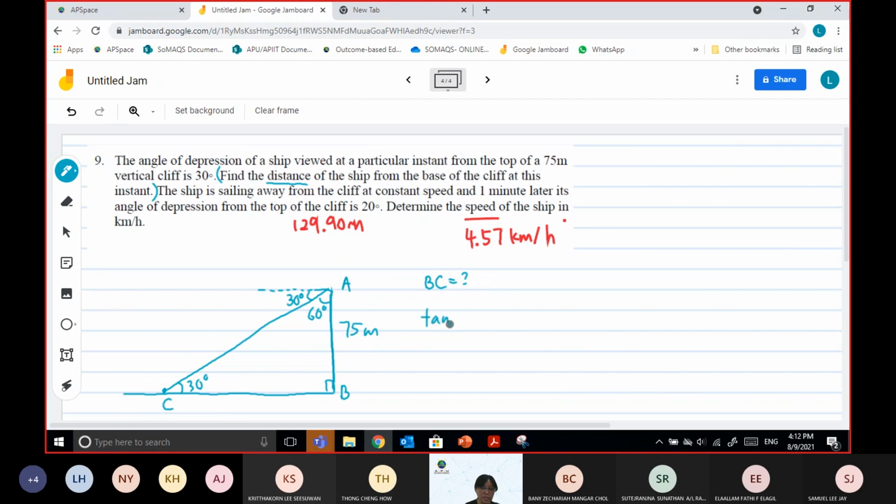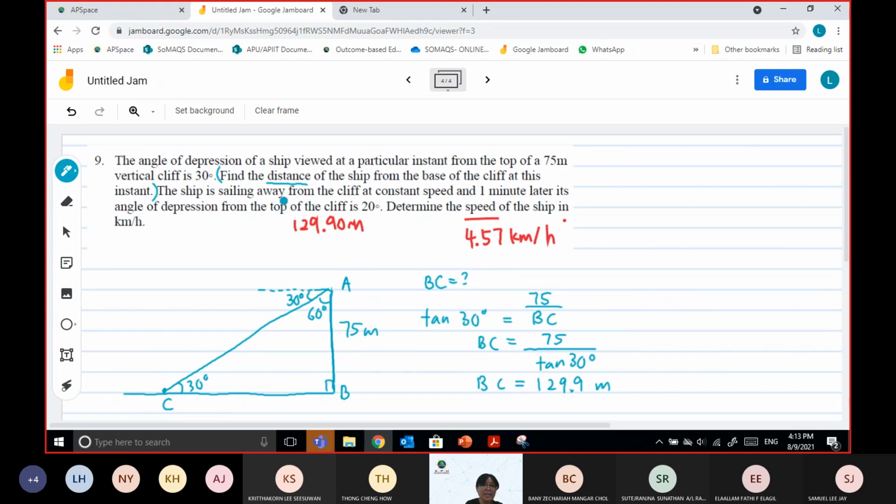We can use tangent 30 degrees, which is 75 over BC. So BC equals 75 divided by tangent 30, and you get BC as 129.9 meters. So this is the distance. Done. Next one.